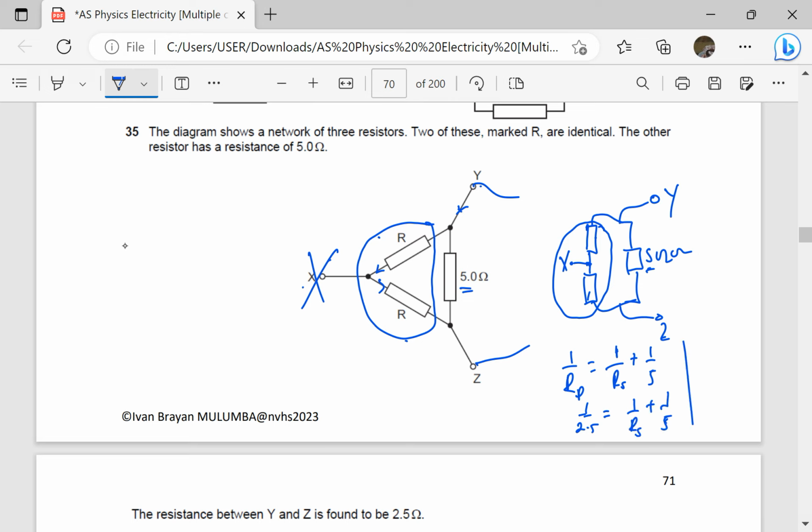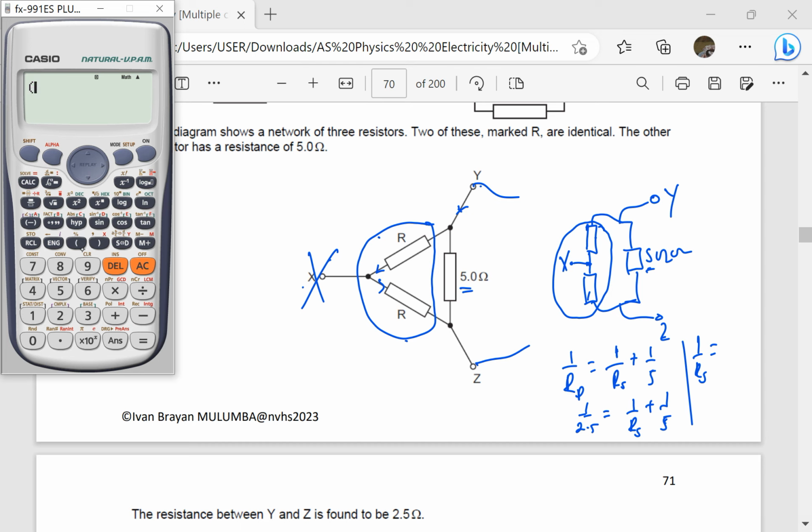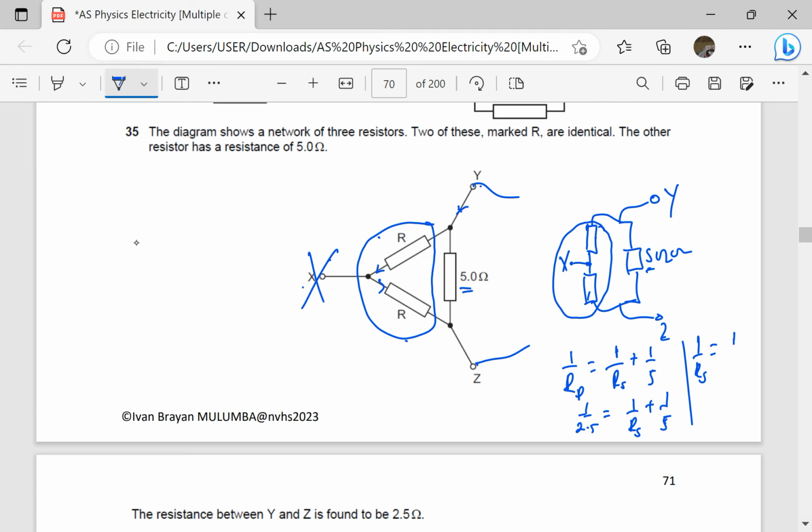So it means 1 over the resistance in series is, I'll just press my calculator, 1 divided by 2.5 minus, I take 1 over 5 to the other side, 1 divided by 5. So this is equal to 1 over 5.